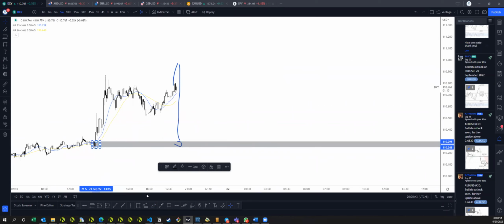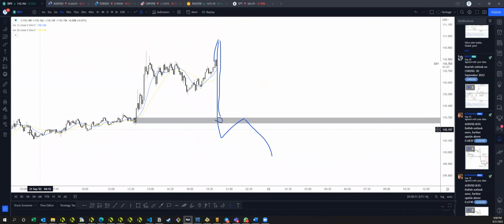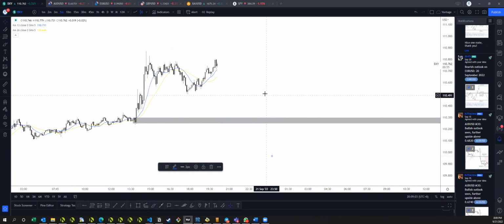So we want to make sure that the dollar index falls below this point, retests, and then goes for a lower low. But in all scenarios, it would be quite challenging to actually trade tonight's announcement due to all of these additional external events that have happened.